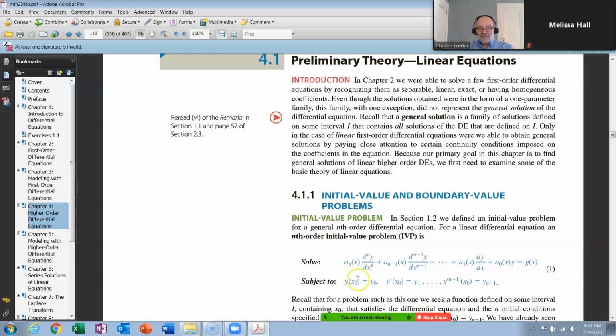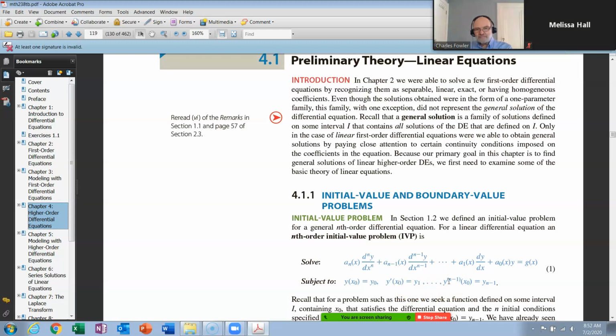At first glance it looks like it only goes to n minus 1, until you realize that you started counting at y0: y0, first derivative, second derivative, third derivative. The number of the derivative is always one behind how many conditions you have. So you do have n conditions. They only go up through the n minus first derivative.